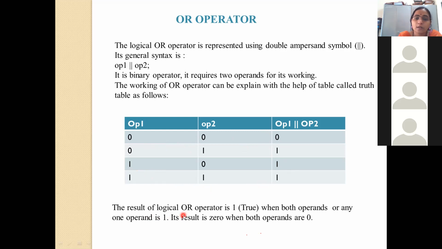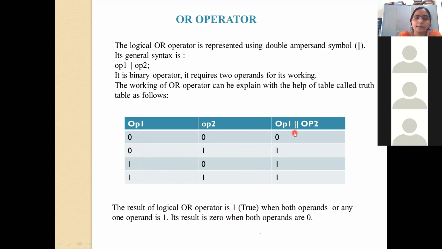The result of the logical OR operator is 1, meaning true, when both the operands or any one operand is 1. See here, when both the operands are 1, the last row, 1, 1, 1. Or any one of the operands is 1, see the second and third rows. This operand is 1 and here the operand is 1 and you will get the result as 1.